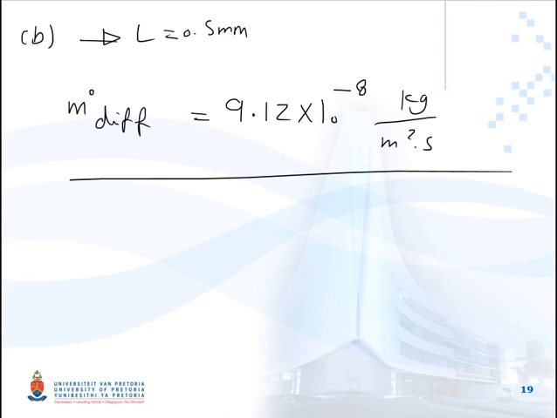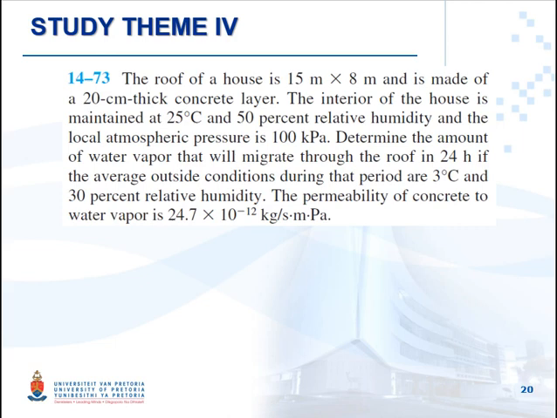The other story that we might see in daily life is about houses, the roof, and the concrete. So let's see if we can solve this question as well. The roof of a house, the size is given, is made of a 20 centimeter thick concrete layer.